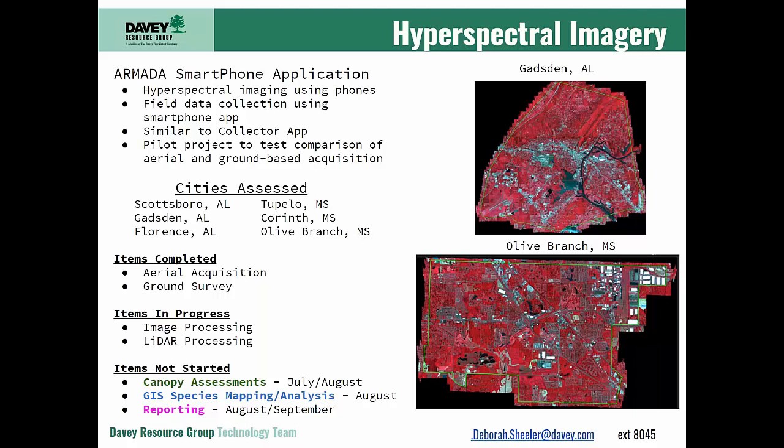In the end, they're currently processing the imagery with the LiDAR, and we'll be able to provide the client with possible locations of ash as well as oaks, maples, other broadleaf, and conifers, and also a 3D rendering video of the areas of those possible locations. What is going to be provided to the client is the canopy assessment, species identification, and the reporting and video of that.